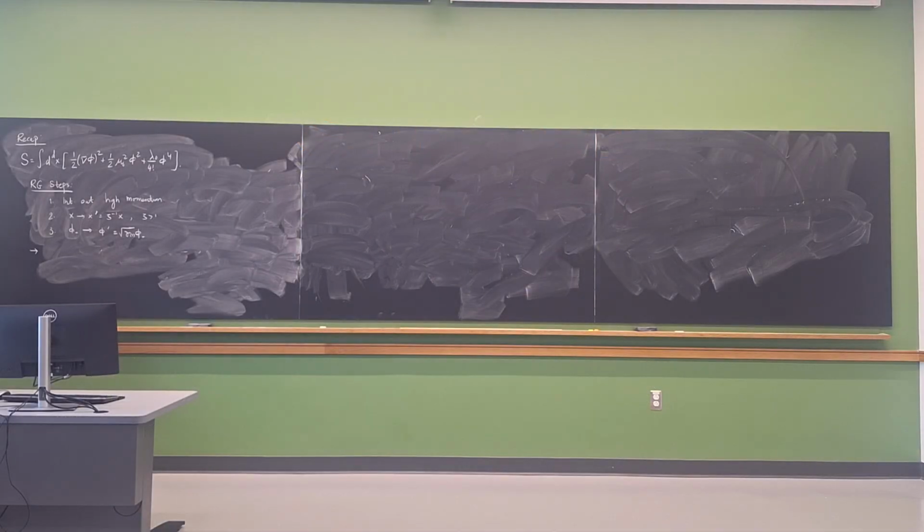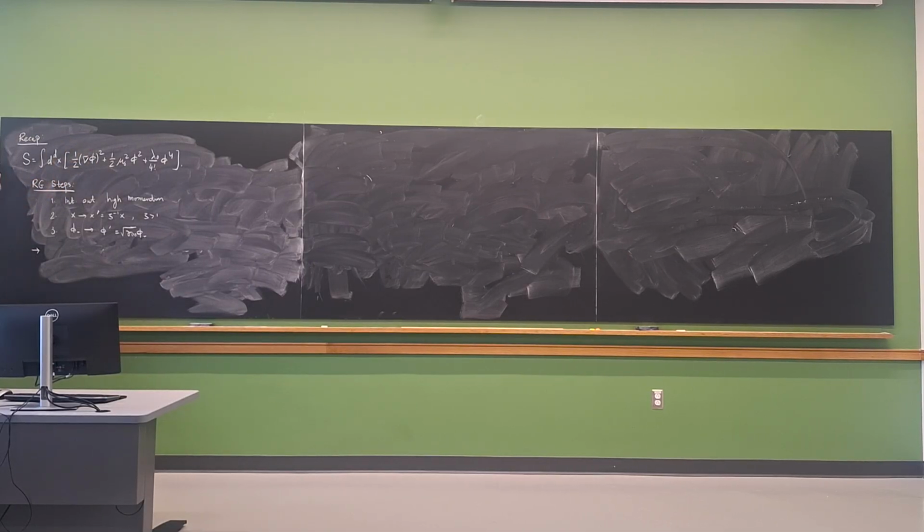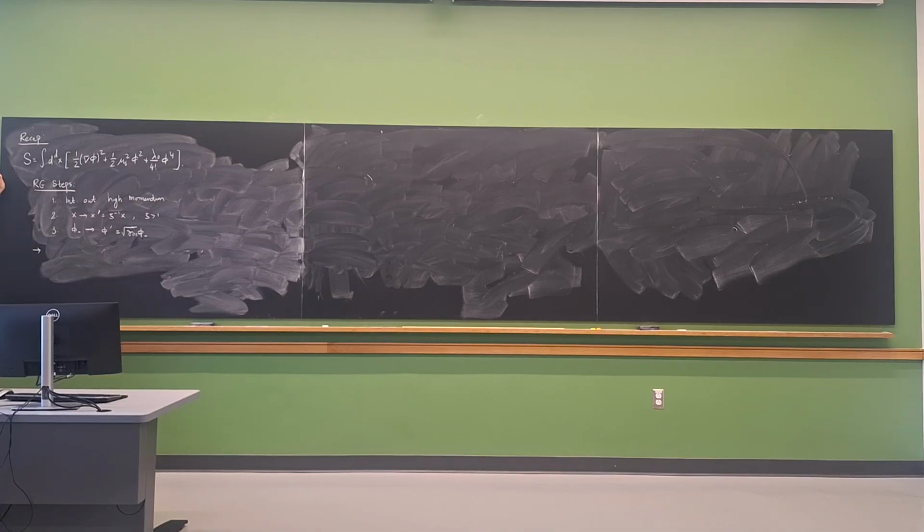Okay, let's quickly recap. As I always write in the beginning of all the lectures, we were studying the scalar field with phi-4 interaction as a model for the Ising model in d equal to 4 and above.